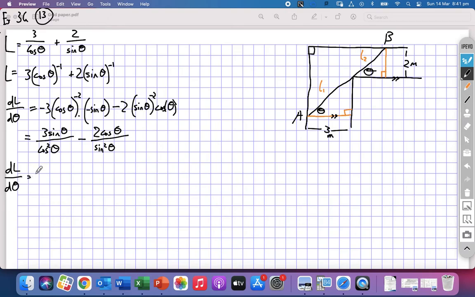Derivative equals 0 when 3 sine theta on cos squared theta equals 2 cos theta on sine squared theta. So what I've done is I've imagined in my head that equals 0, and then I've added 2 cos theta on sine squared theta to both sides.